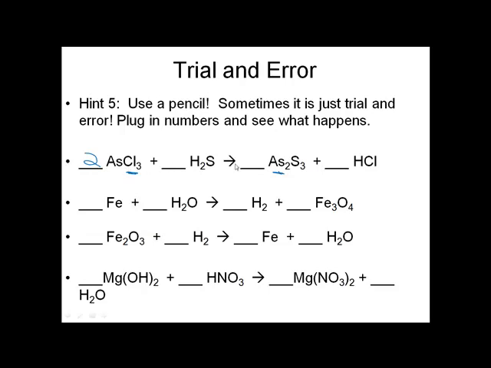Now I have 6 chlorides, so I have to put a 6 in front there. That gives me 6 hydrogens, so I know I need to put a 3 in front of the H2S. That gives me 3 S's, 3 S's. So I'm balanced.